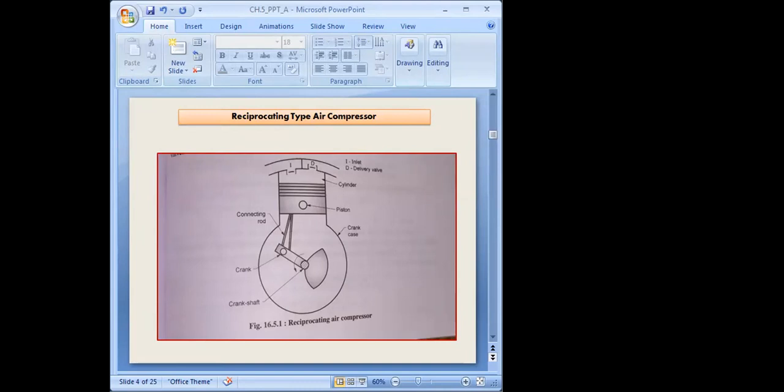Even if there is no further load on the system, at the outlet of the compressor you will get pressurized air only. Getting it? Please remember that difference between the pump and the compressor.